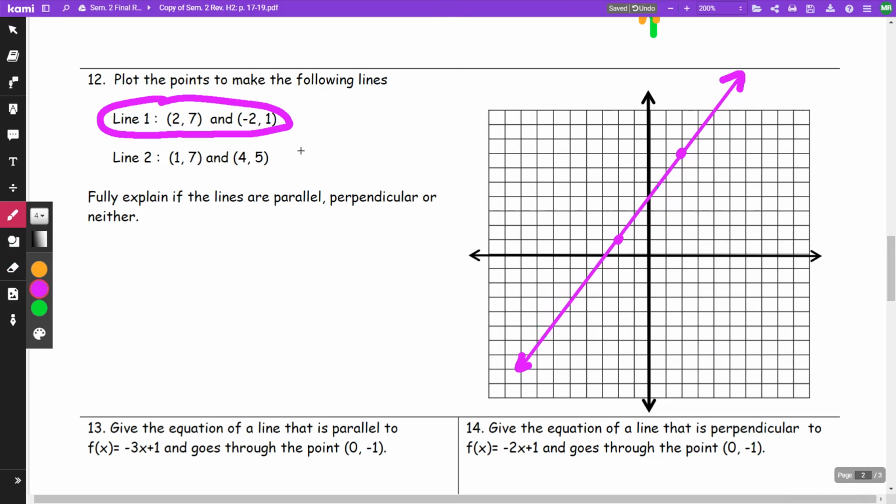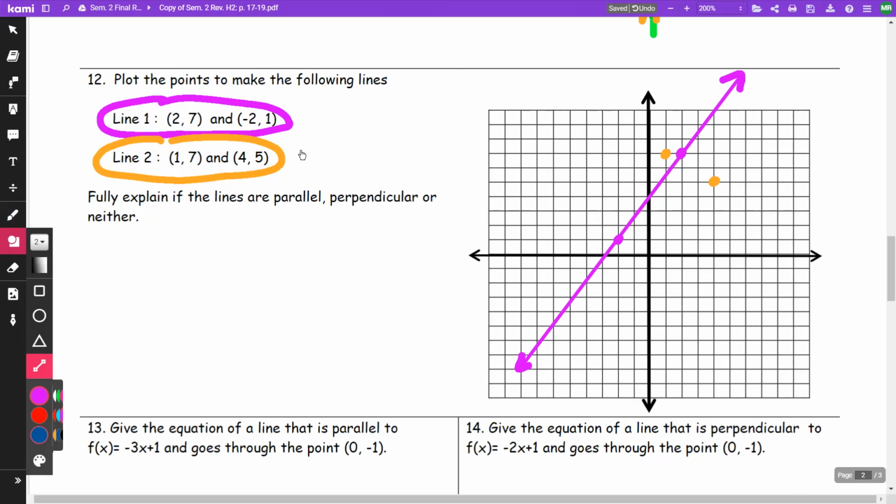And my other line, let's say I do it in orange, is going to be 1, 7. 4, 5, 1, 2, 3, 4, 1, 2, 3, 4, 5. Let me draw that line.